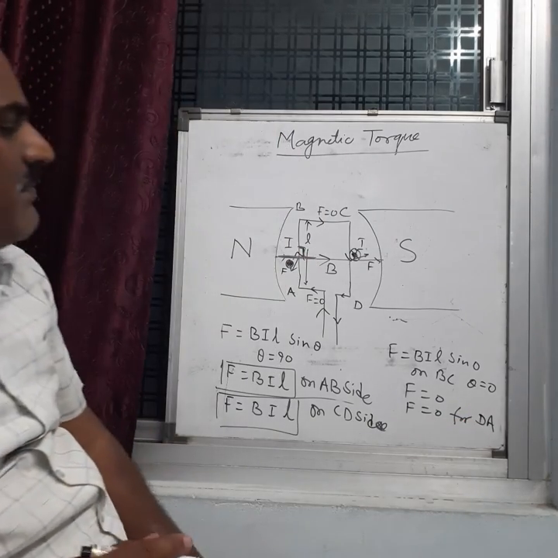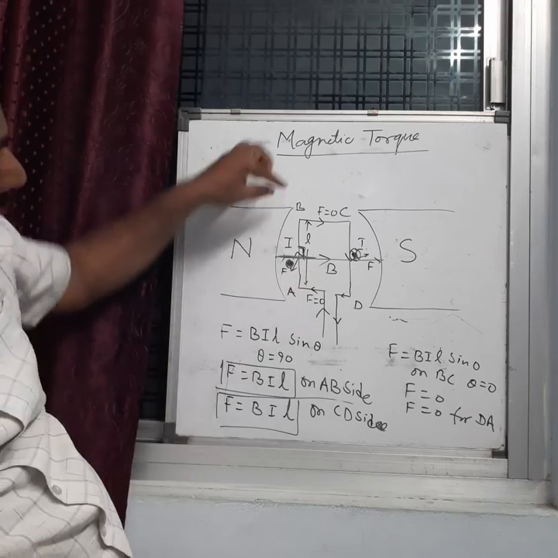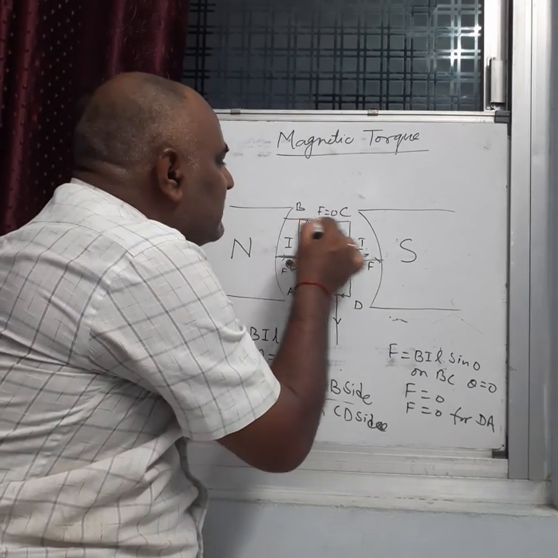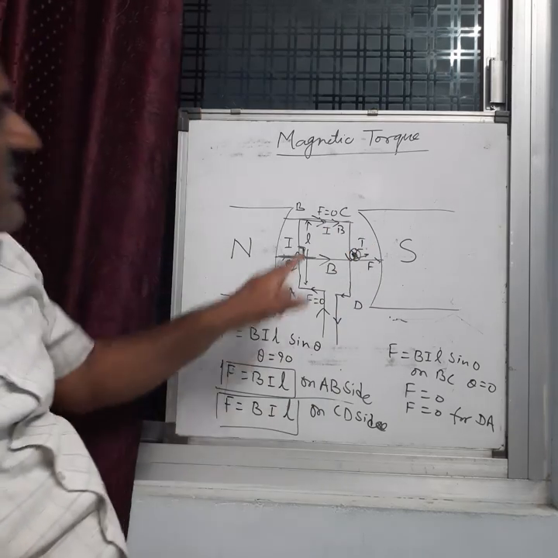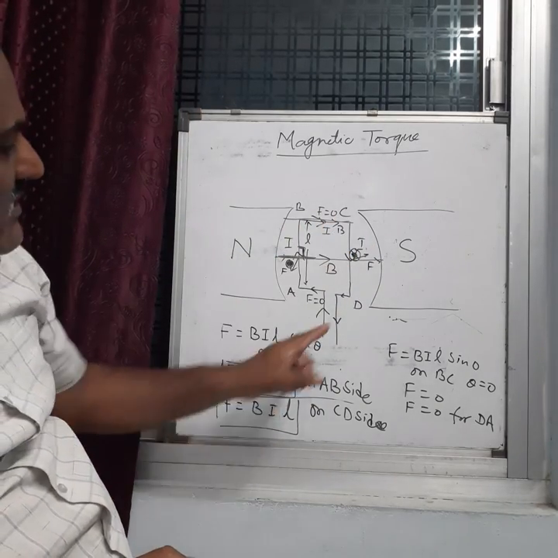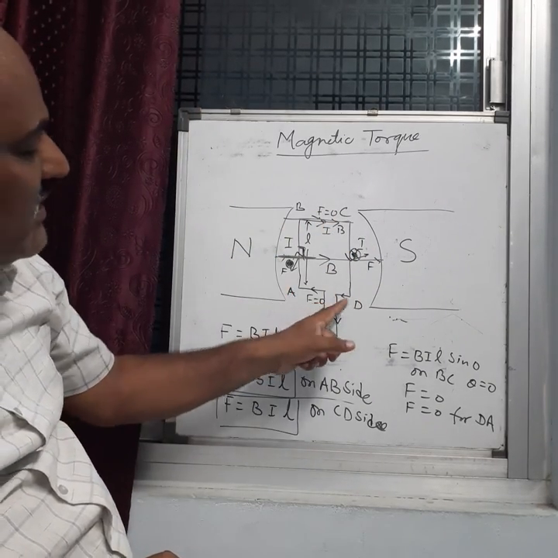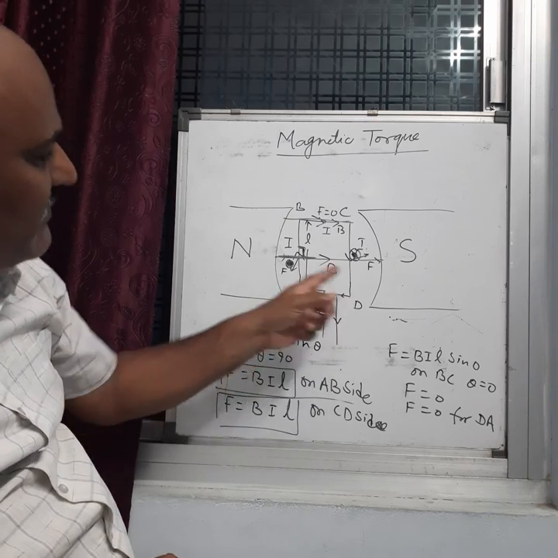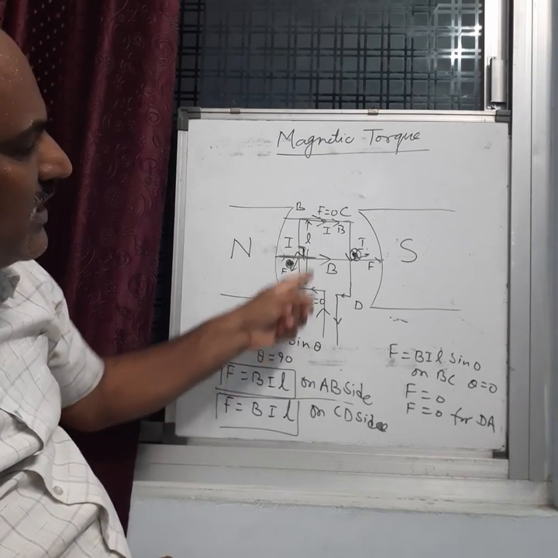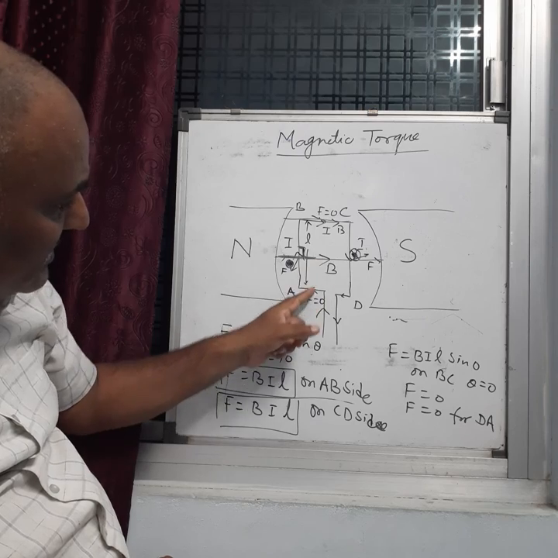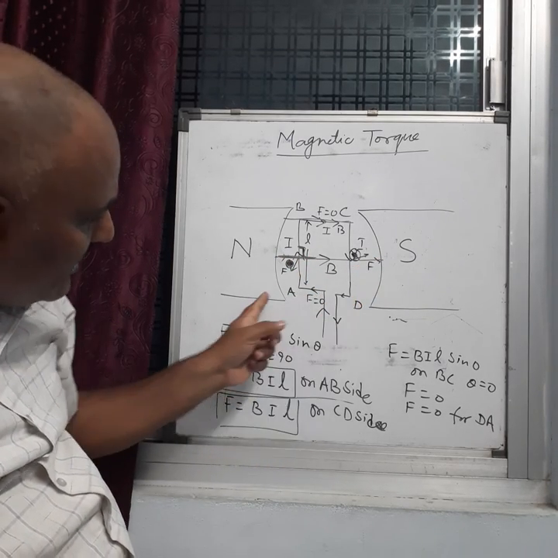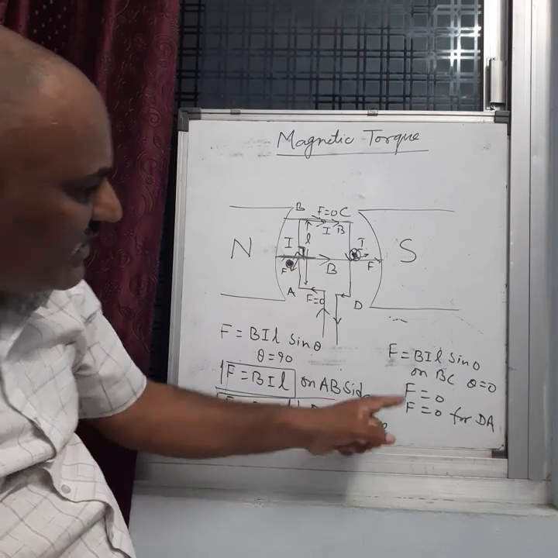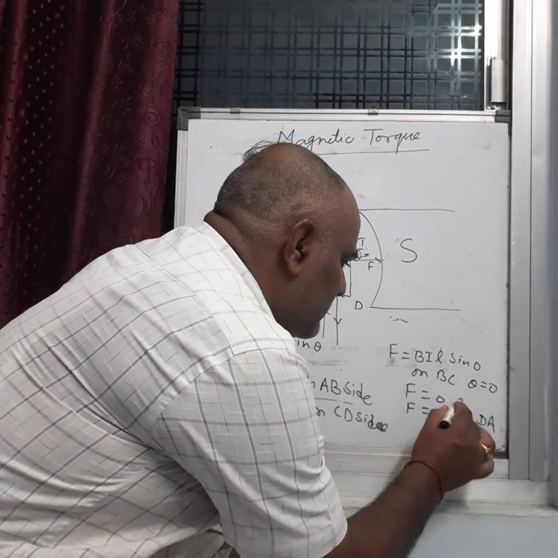Now see what is happening here. Here the magnetic field is acting in this direction. Current is also acting in this direction. So theta is 0 on BC. Similarly on DA or AD, the direction of magnetic field and current, see here in this case, actually the magnetic field is acting this direction and current acting this direction, means there is an angle of 180 degrees in the case of DA.